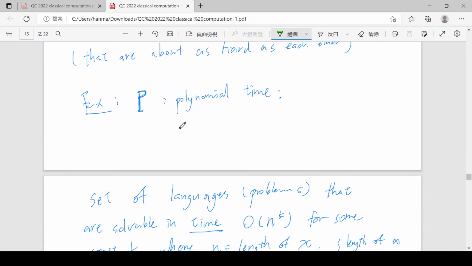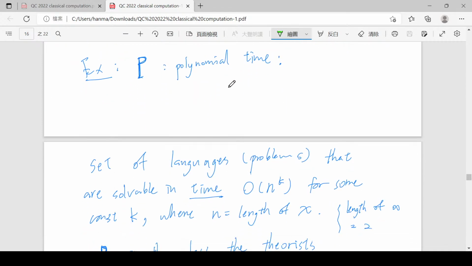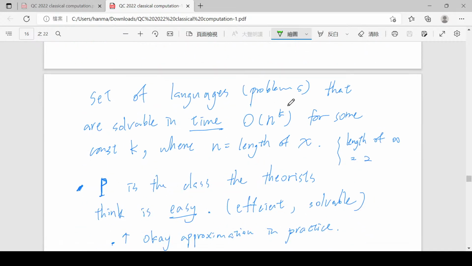So for example, this very famous complexity class P stands for polynomial time. It is the set of all languages that can be solved in polynomial time, so time big O of n to the k for some constant k, where n is the size of the input, that is, the length of the input x.